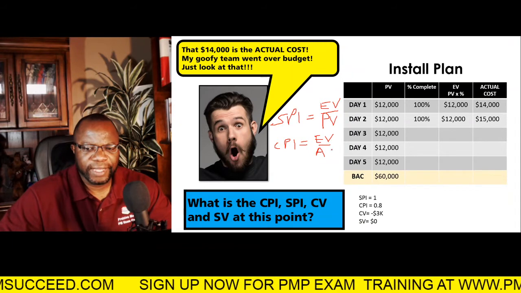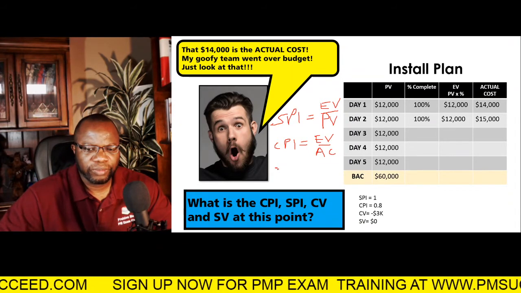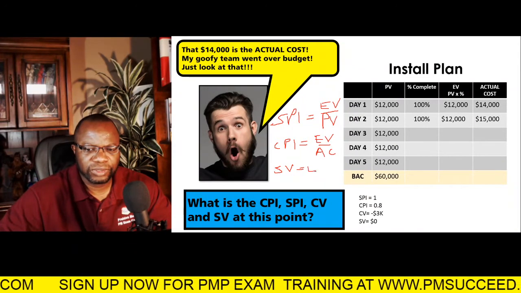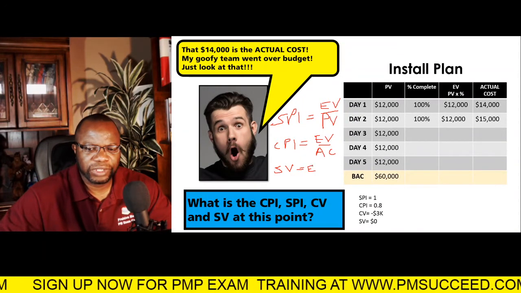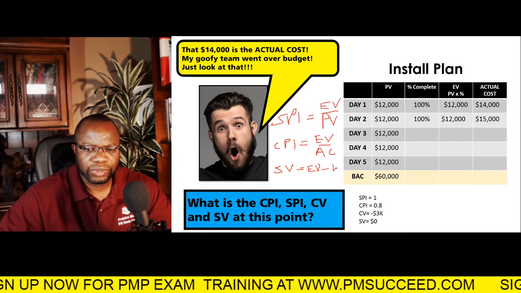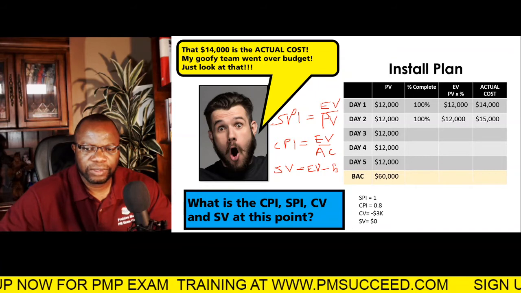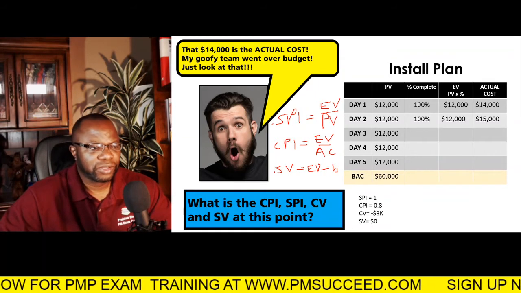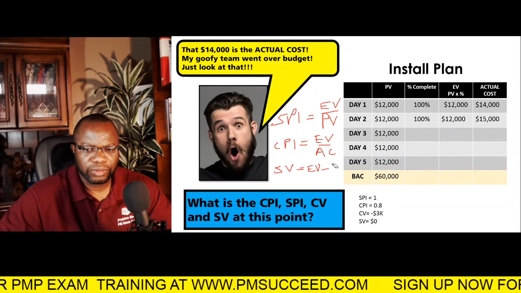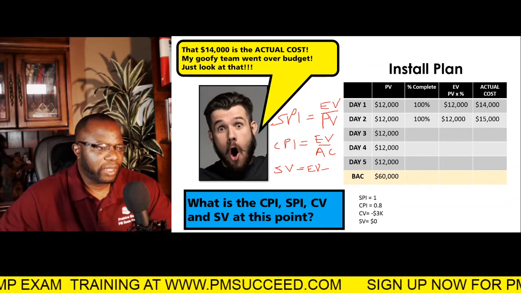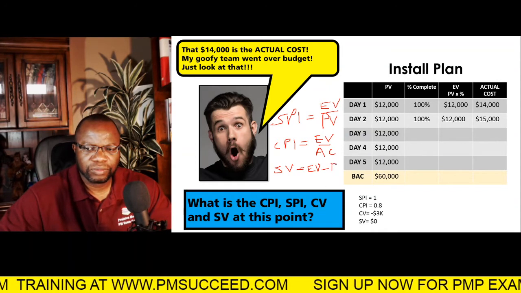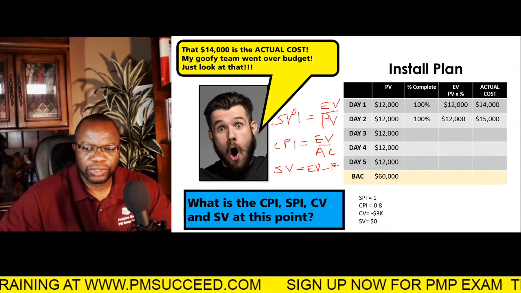You would do the same for the schedule variance, but this time you're going to subtract, and earned value always comes first in all of these formulas for the indices and the variances, remember. So this will be EV minus PV. And if you plug these numbers in, you get the answer. It's very straightforward. Or you should get the answer.